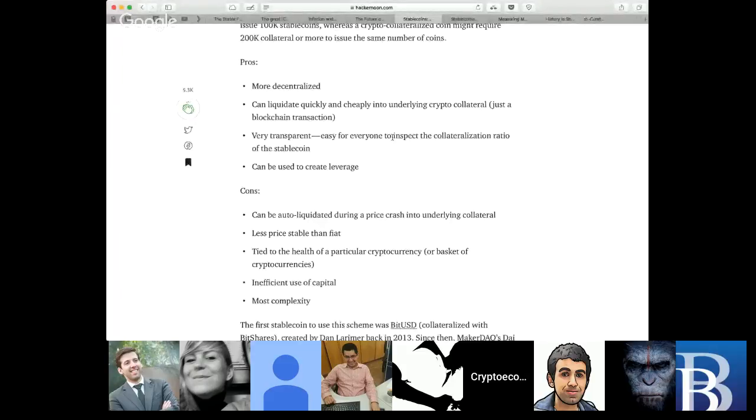But yes, this is a variable that the community can set for each crypto asset. So in the case of Maker, the governance of Maker allows the community to set different security parameters. And one of them is the over collateralization for each crypto asset that is allowed to be used in the Maker ecosystem.